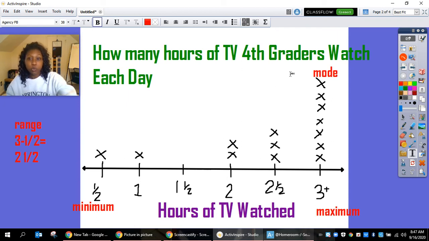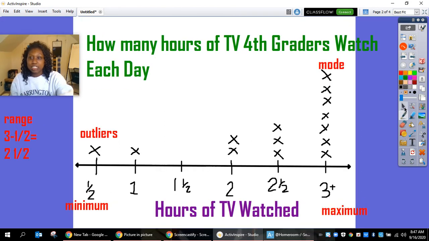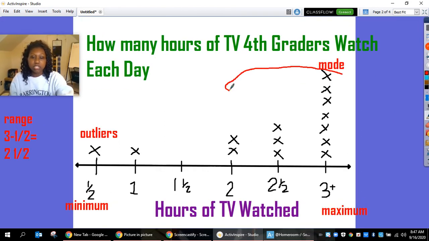I see way more data on this end of the number line than I do over here. These are going to be called outliers because they're far away from the majority of the data. Our data is concentrated here.